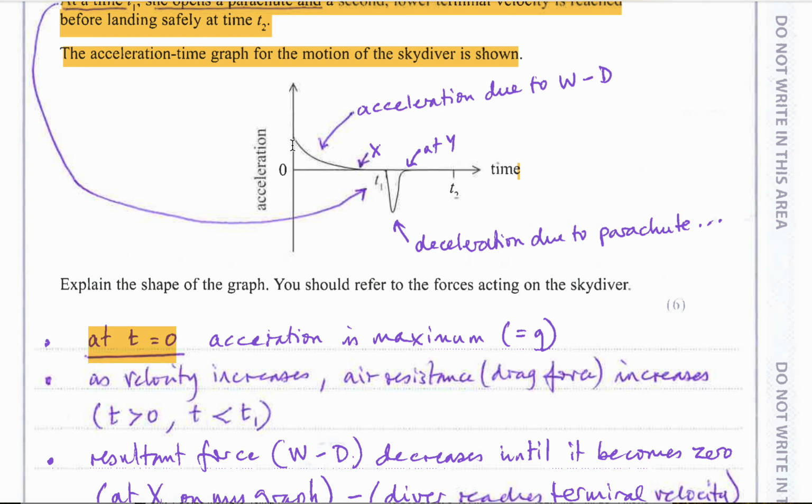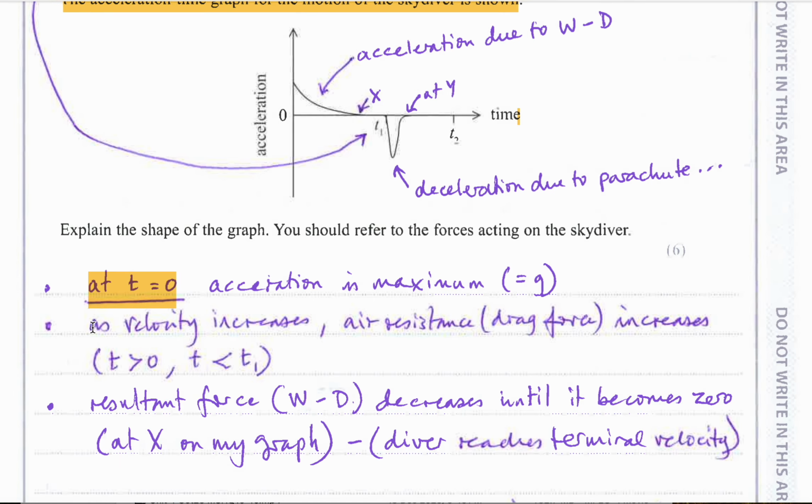So you can see the acceleration is a maximum, but gradually the air resistance will act against the motion, so the acceleration will be reduced by the air resistance trying to balance out the weight. As the velocity increases, as time goes on, after t equals 0, the air resistance, or the drag force, increases, for t less than t1.